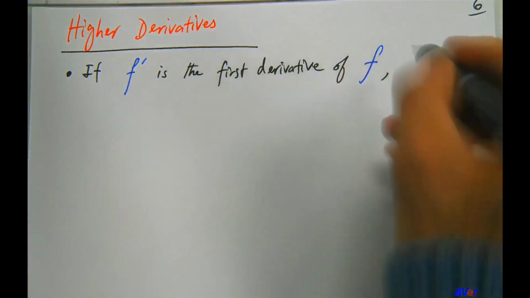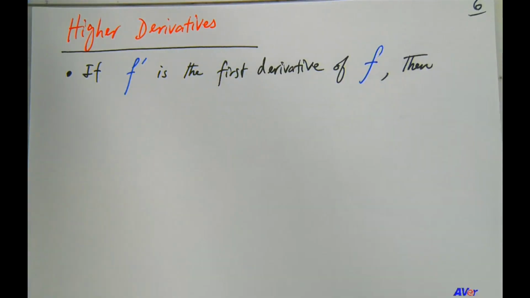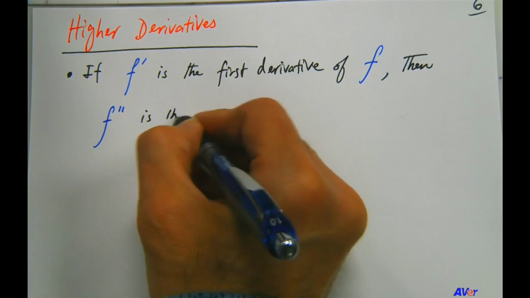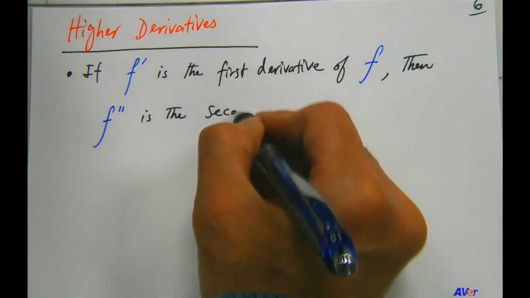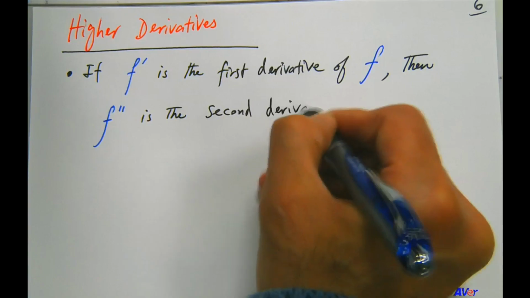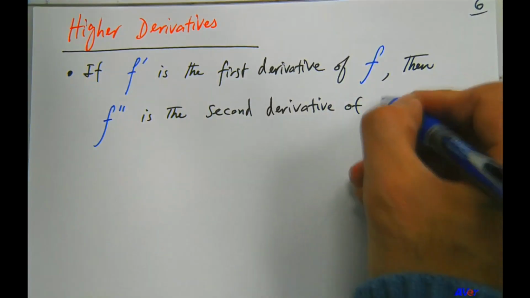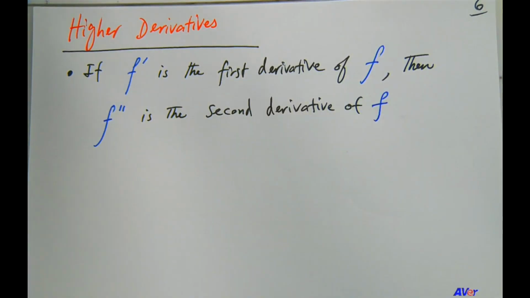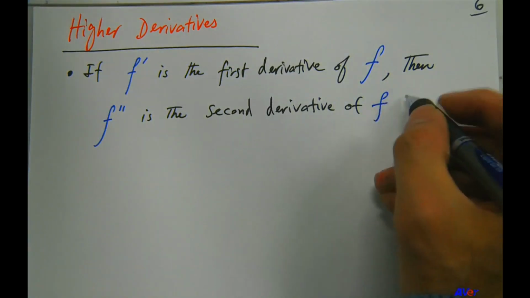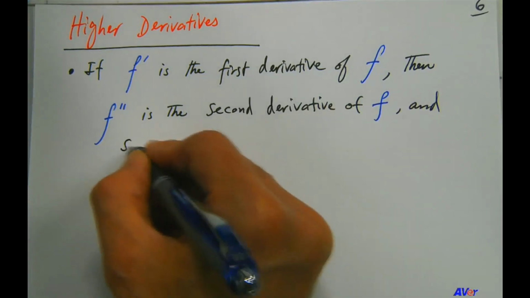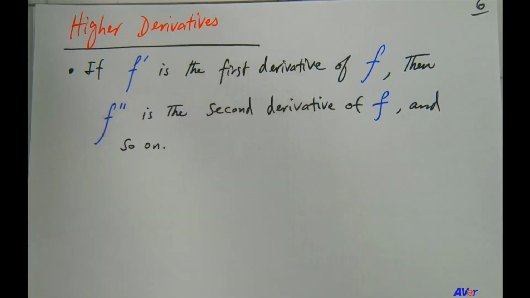F double prime is the second derivative of f, and so on. So you could have f triple prime, which would mean that's the third derivative of the function that you're finding, and so on and so forth. Okay, so that's just an allusion back to the notation discussion we had earlier.